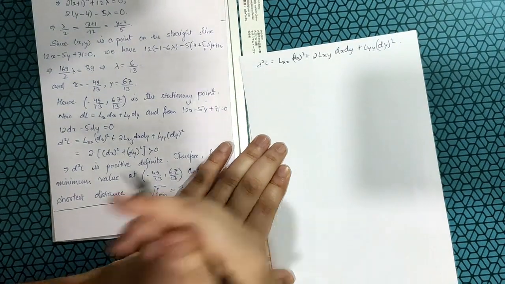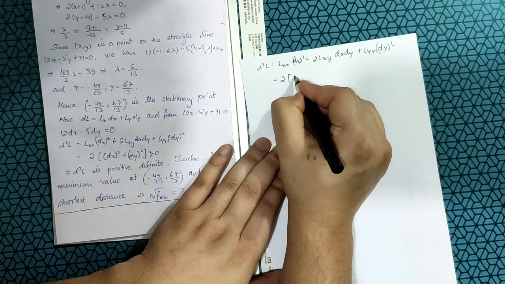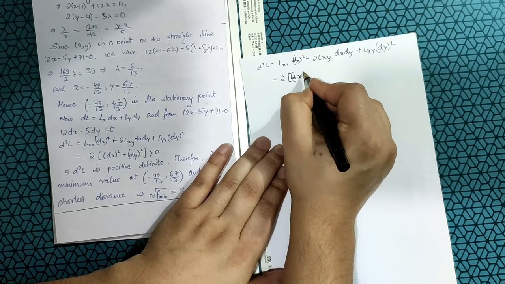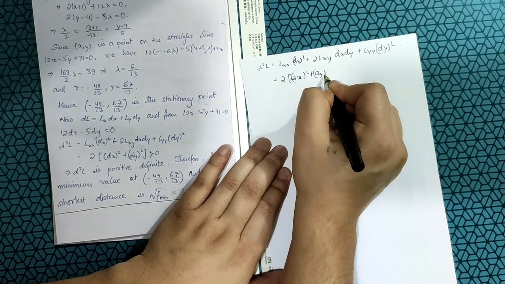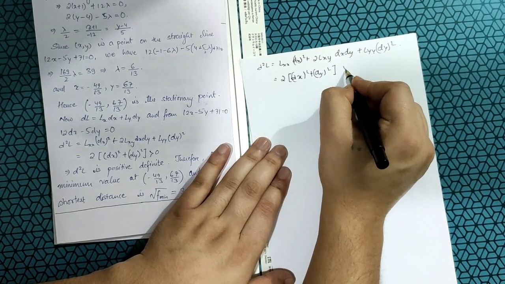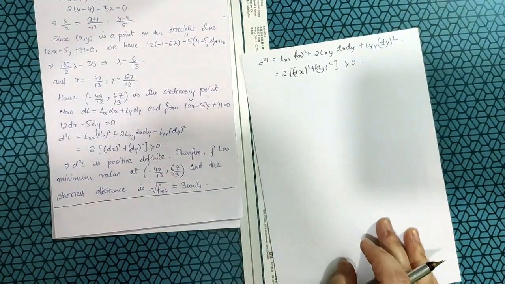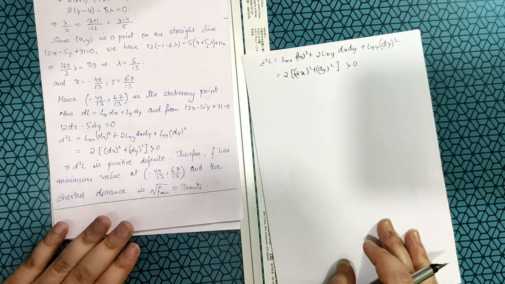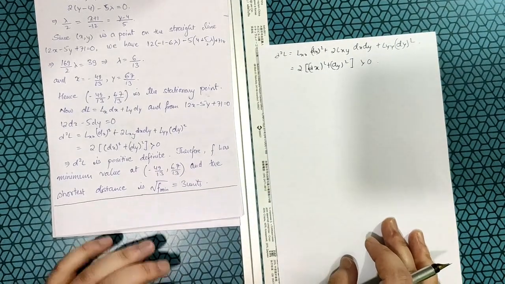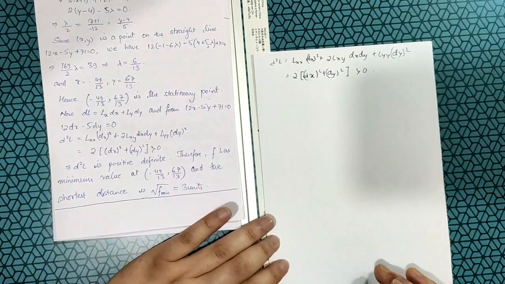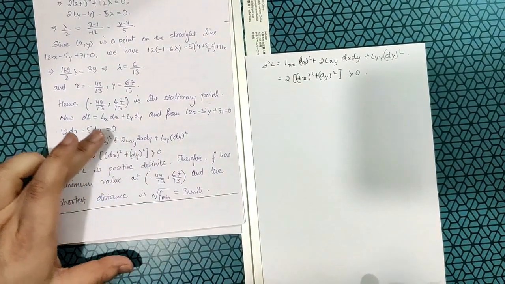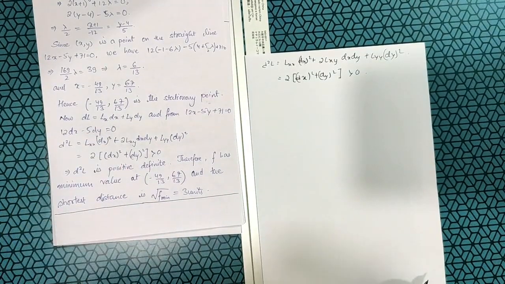Okay, so what we get is 2 dx whole square plus dy whole square, which is greater than 0. By simple calculation we'll get this, and hence if this is greater than 0, we have the minimum value, hence we have the shortest distance.